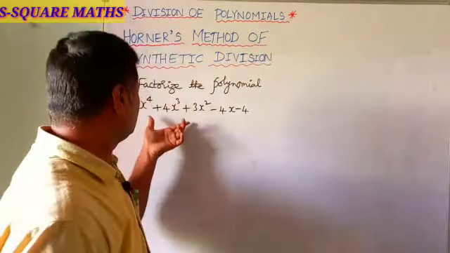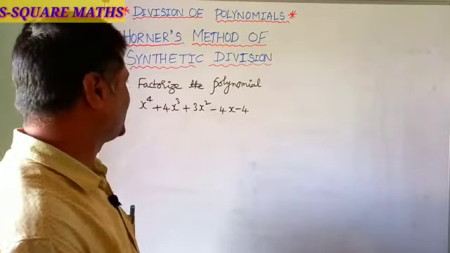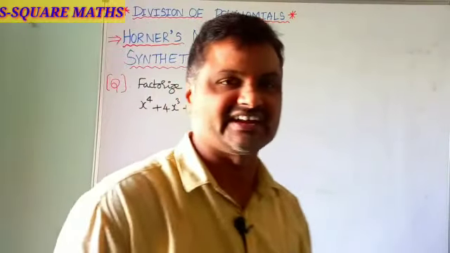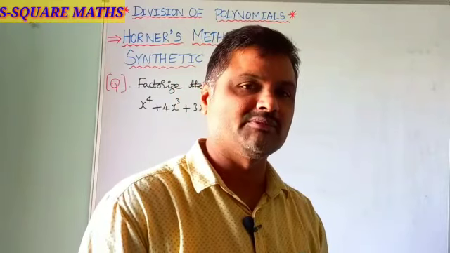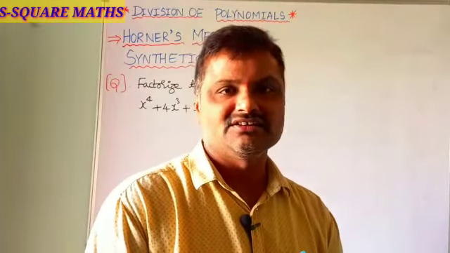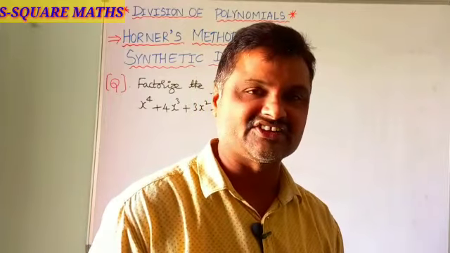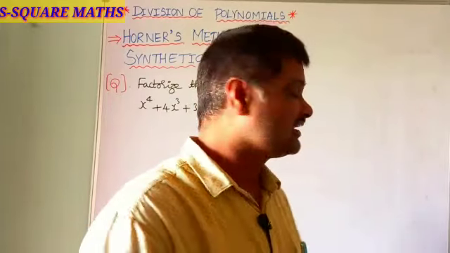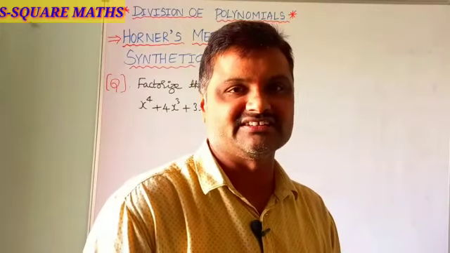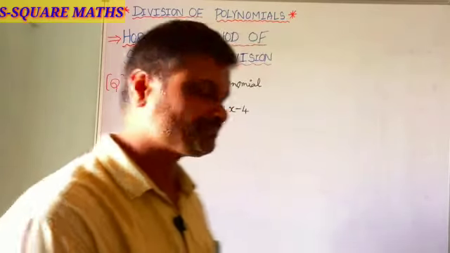We have to factorize this polynomial as a product of factors. A fourth degree polynomial has 4 distinct or same factors along with the zeros. We have to do the factorization by Horner's method of synthetic division. So let us start our method.